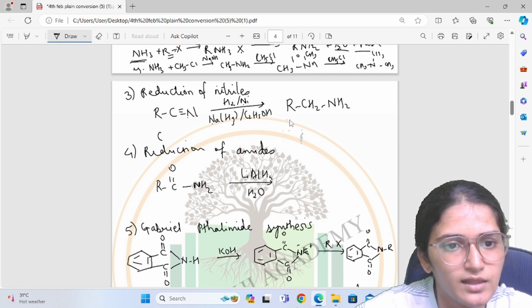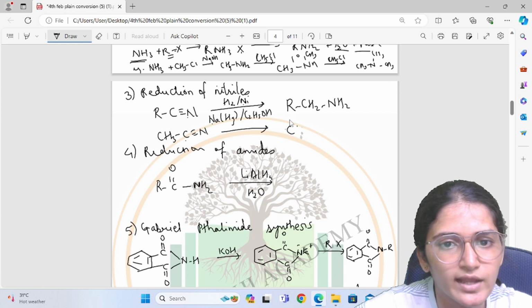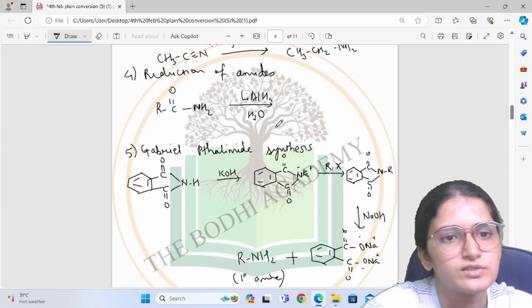If I take the example of CH3CN, in presence of this catalyst and reagents, we will get CH3CH2NH2. So this is an example of this reaction.